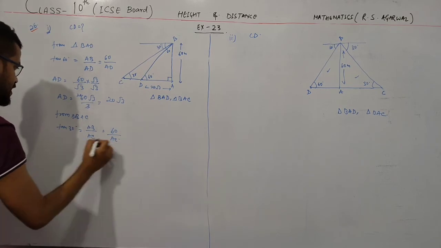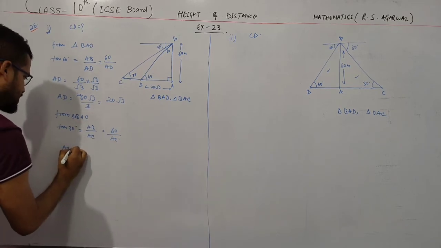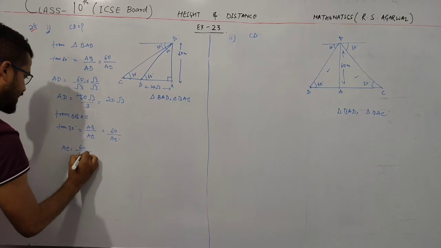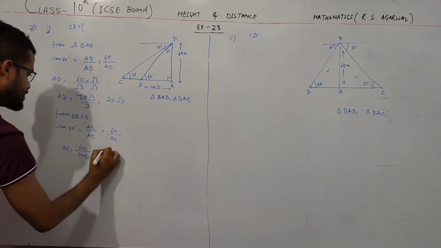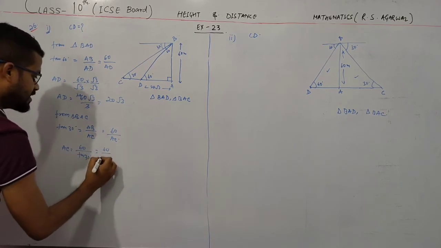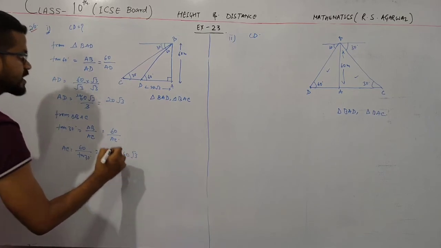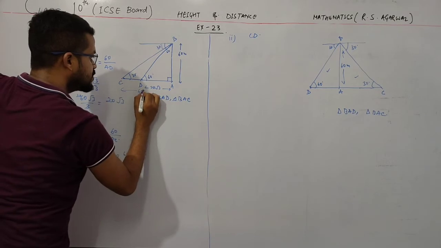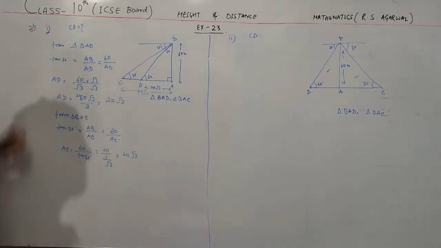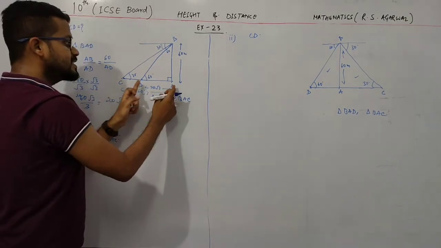So by solving this, AC is equal to 60 upon tan 30. The value of tan 30 is 1 by root 3. So this is 60 root 3. So this whole is 60 root 3.